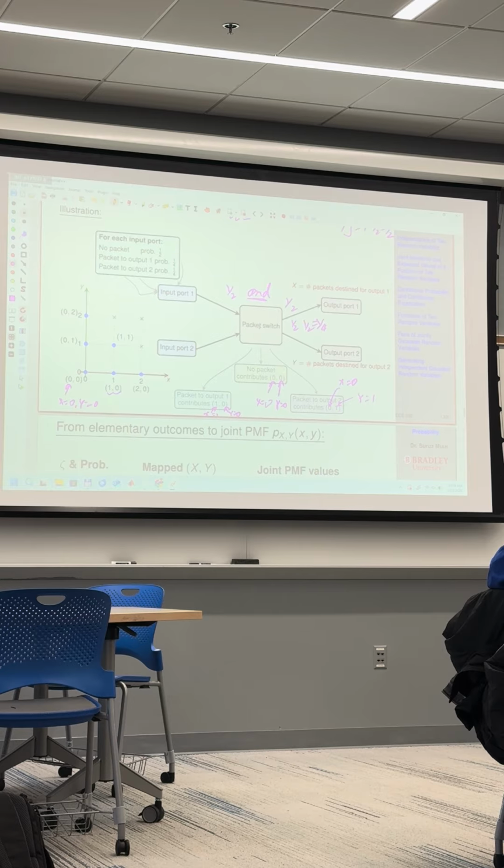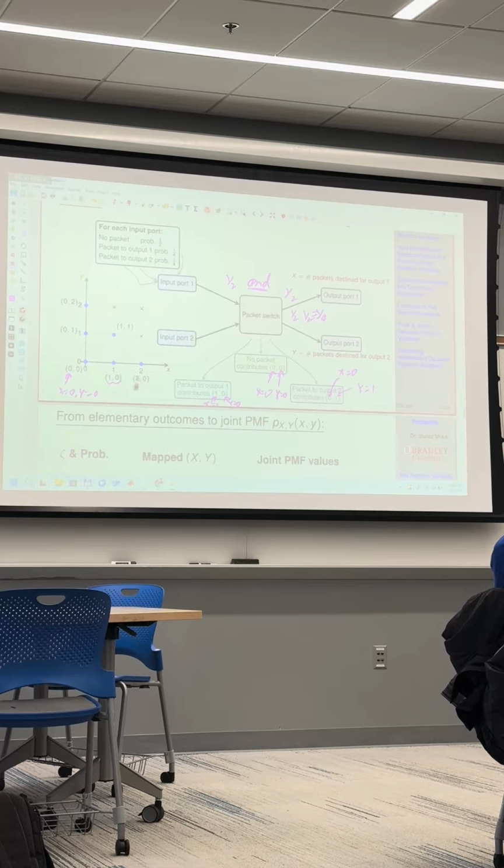Each of these packets can go to either output port number 1 or output port number 2. A packet can arrive in input port number 1 but go to output port number 2, and a packet can arrive in input port number 2 but go to output port number 1. So therefore, each of these output ports can actually have 2 packets.